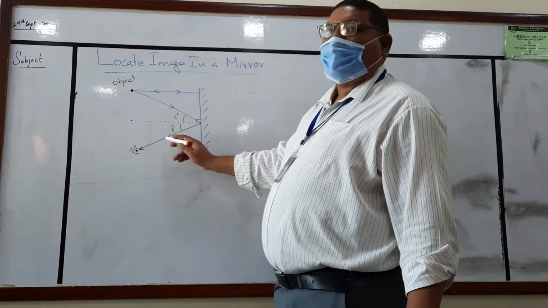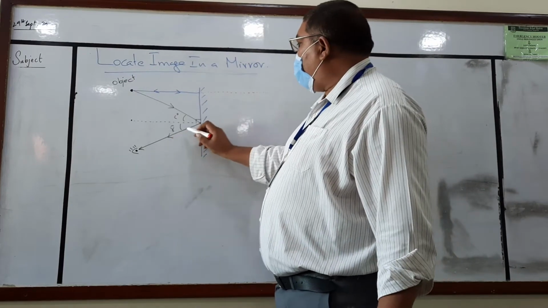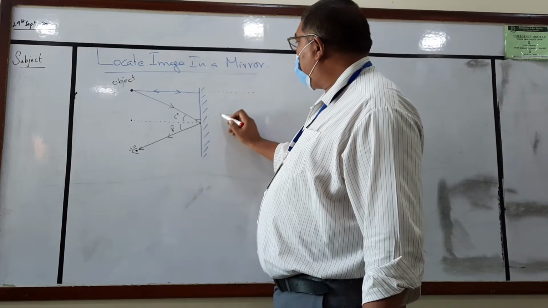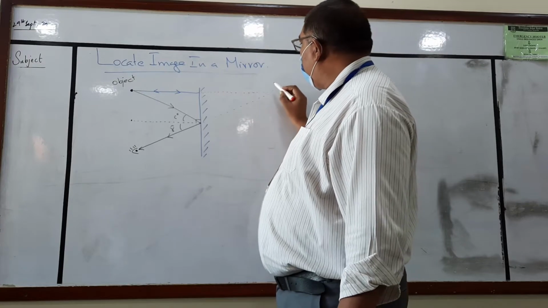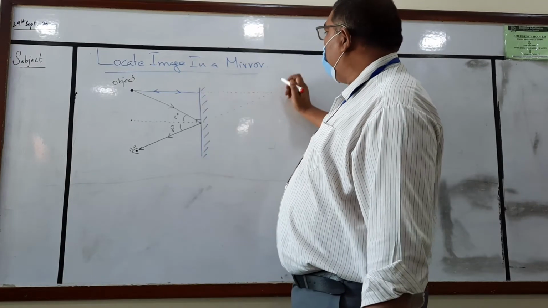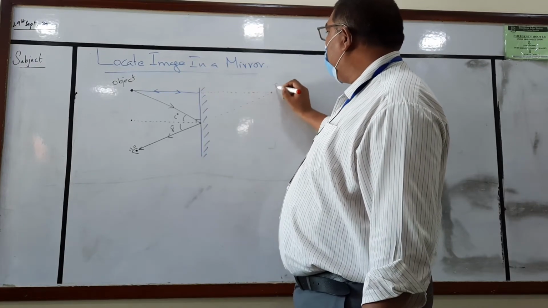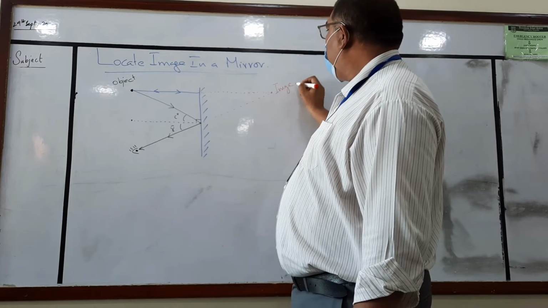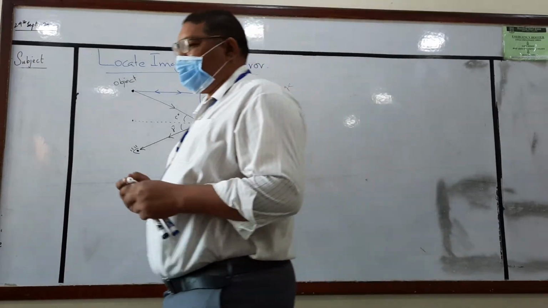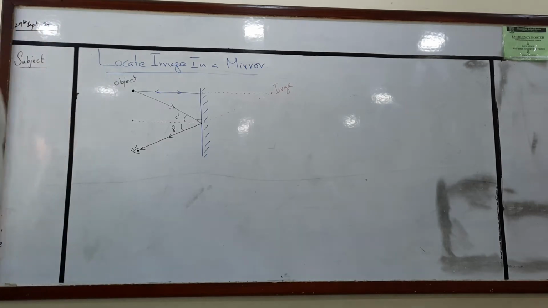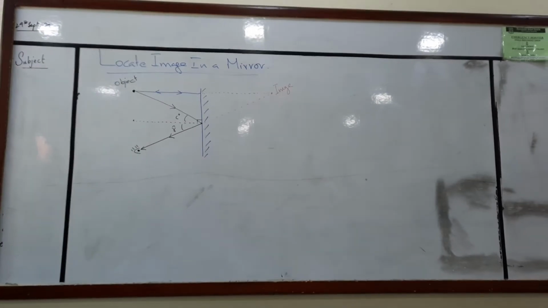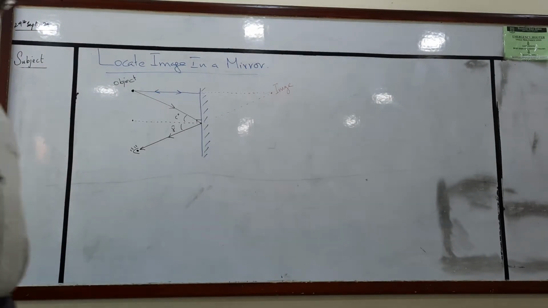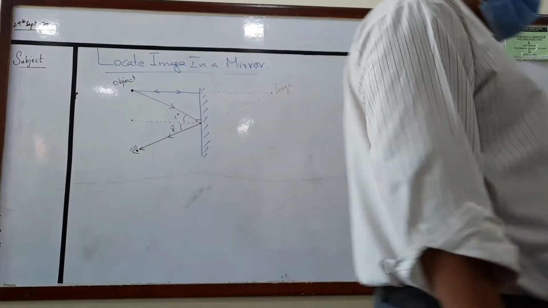Then prolong this reflected ray behind the mirror. Where these two lines intersect, there the image will be seen by this observer. This is how we can locate the image of a single point in the mirror.